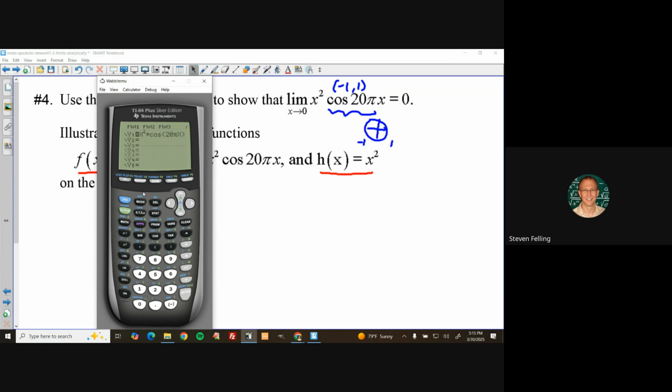So if we just graph that, let's just do zoom 6 first. That's origin plus or minus 10. It's going to be kind of crazy looking. No, it's not too bad. Okay, so there's this really crazy function there, right?